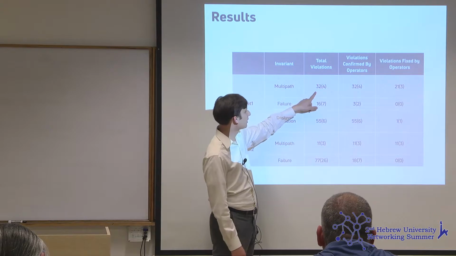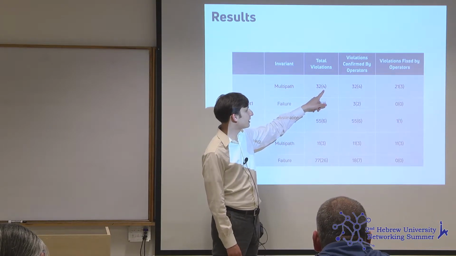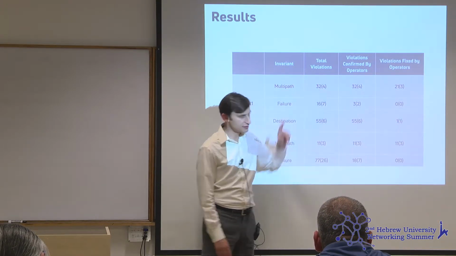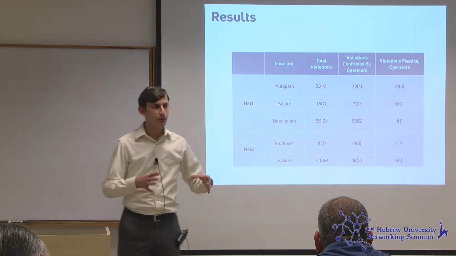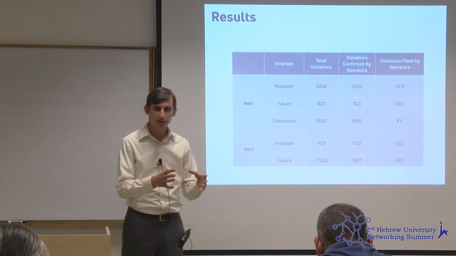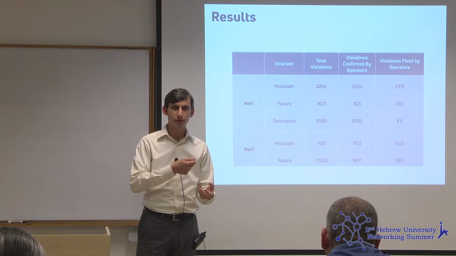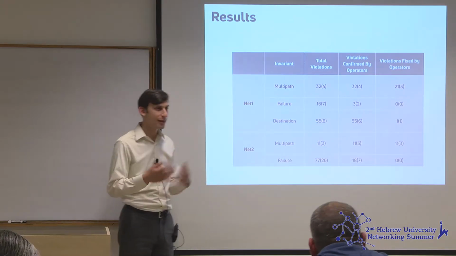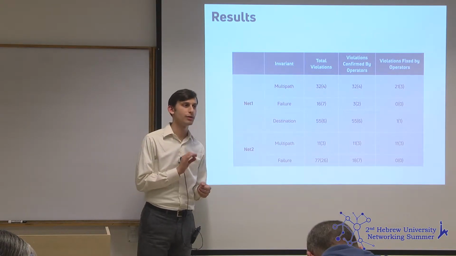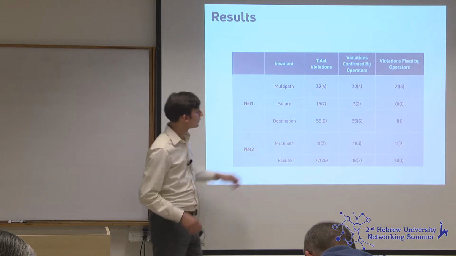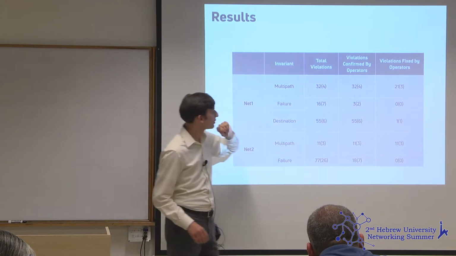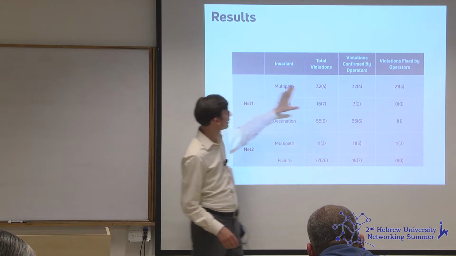The numbers are the number of actual violations, and then in parentheses is the number of groups of violations. A group is all caused by the same root cause, right? So there are many different flows that may be affected by one particular problem. So in parentheses is the number of problems. There were many violations.